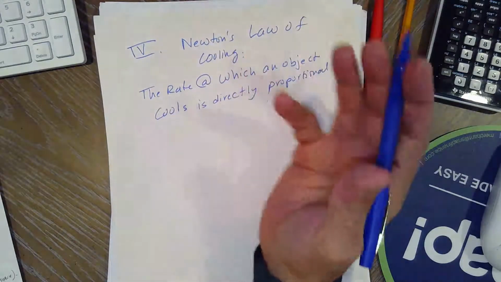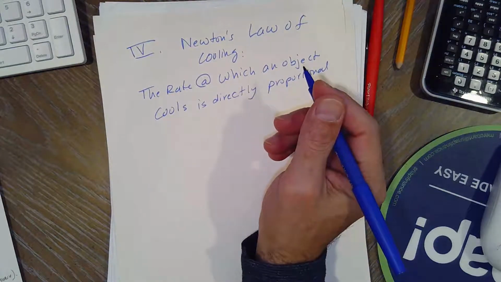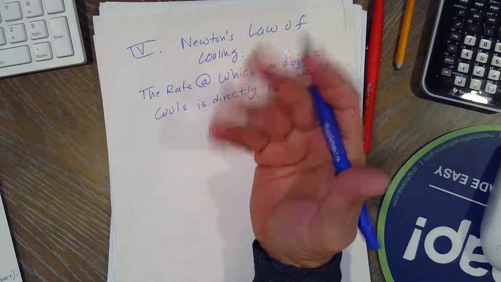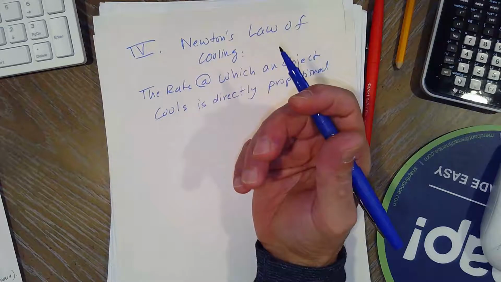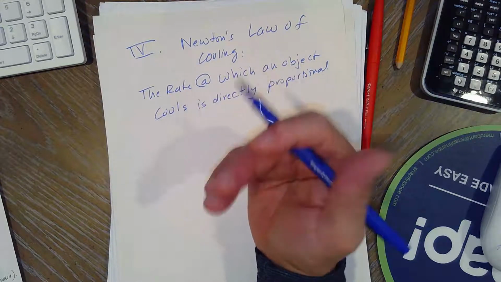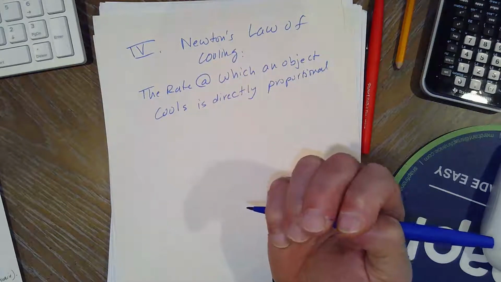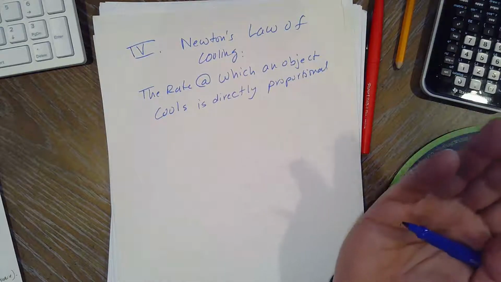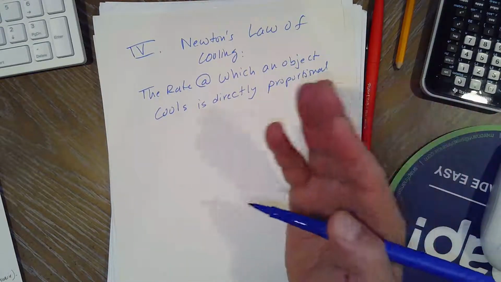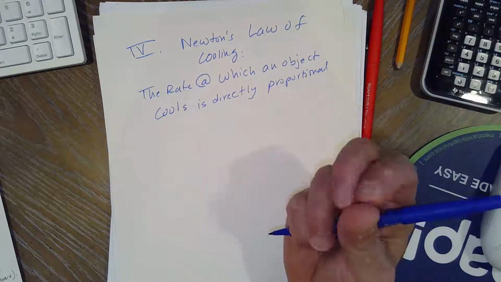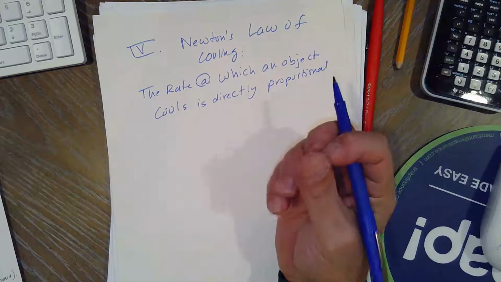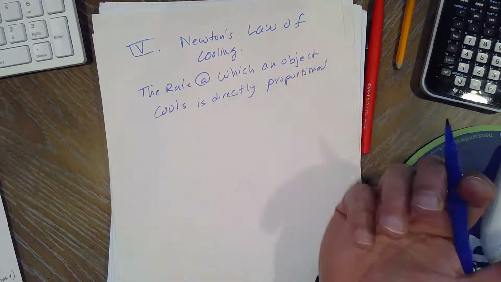So if you have a pot on the stove or whatever you're cooking, and then it's done, and you take it out, it's too hot, and then it starts cooling until there's an equilibrium between the temperature of the pot and the room temperature.